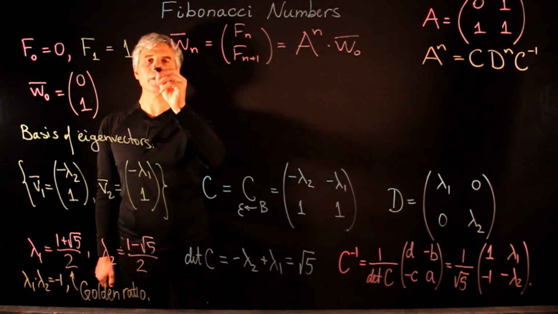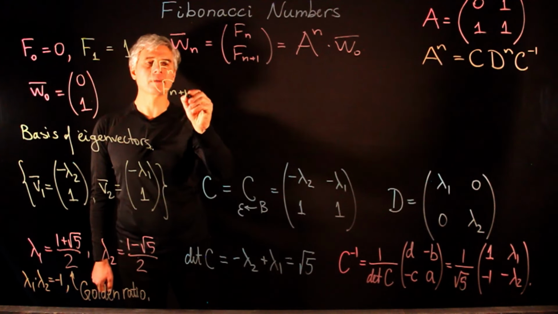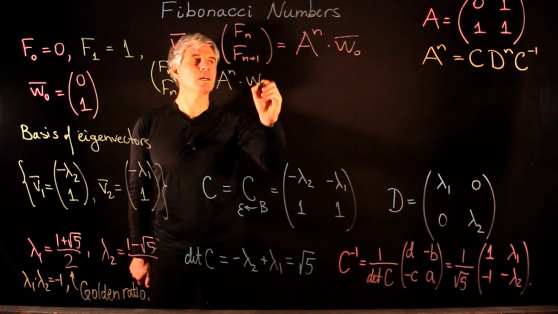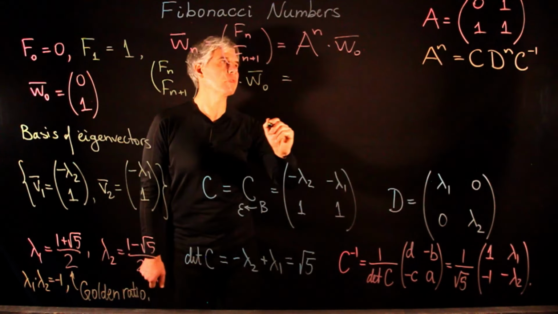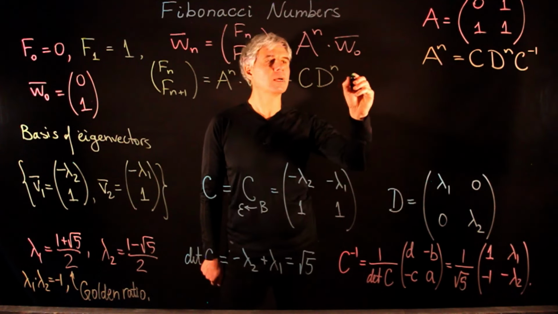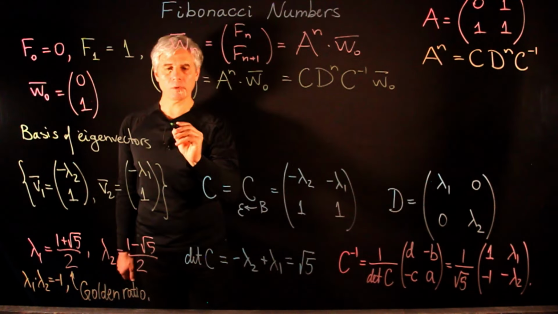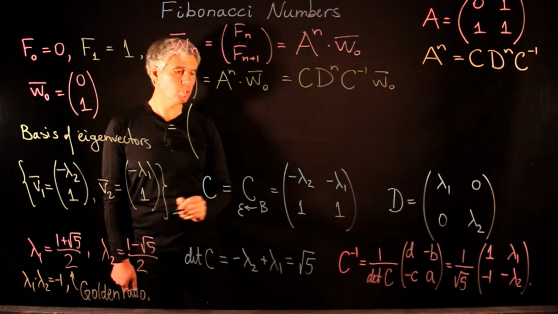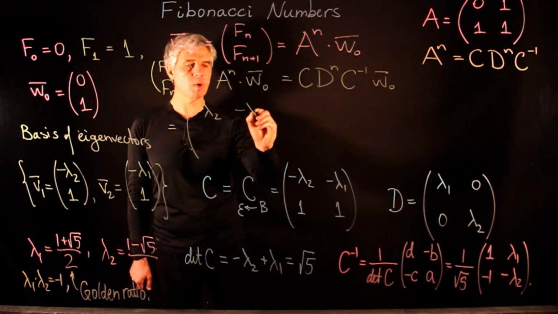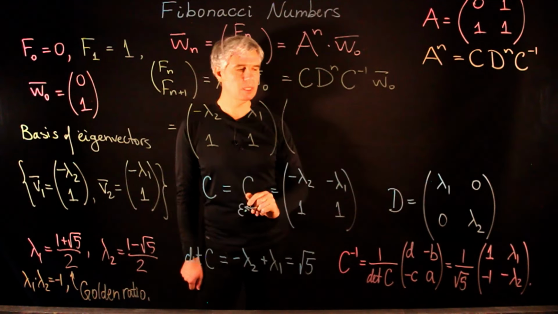And now we can assemble everything together. So we see that the vector F(n+1) is equal to A to the power n times w0, or this is C times D to the power n times C inverse times w0. Or in terms of matrices, this will be matrix C, which is minus lambda 2, minus lambda 1, 1, 1, times D to the power n.